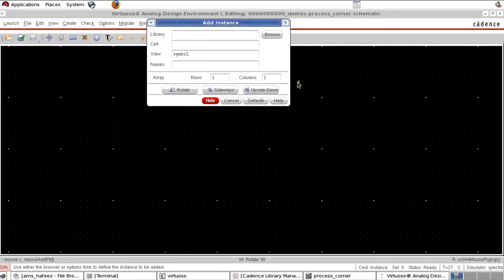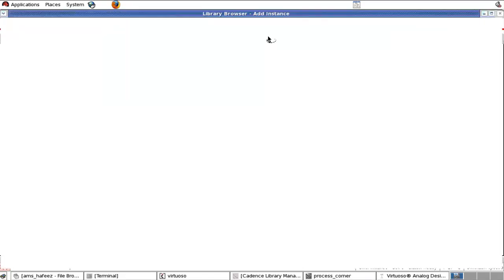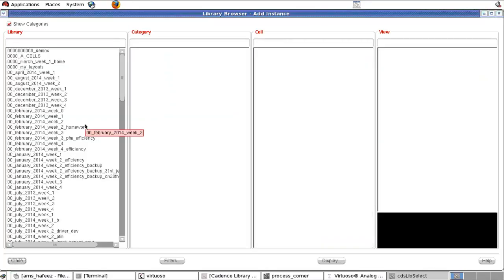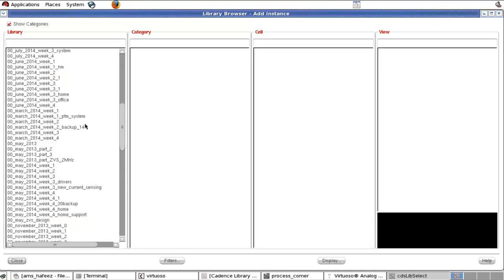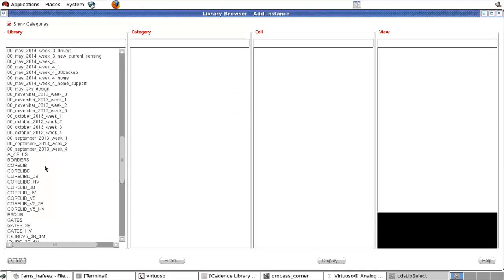To demonstrate the process variation, I start with the resistor. Initially I will do a simulation with an ideal resistor, that is a resistor from the analog library. It will not change with the process or anything. It is an ideal resistor.